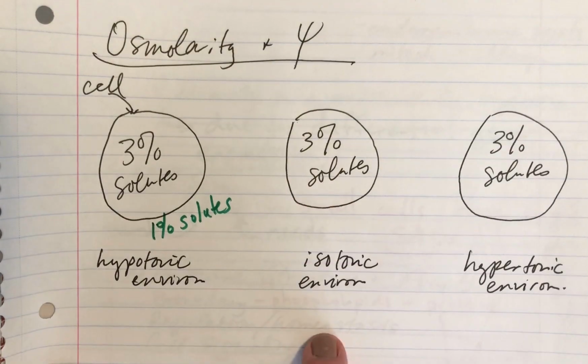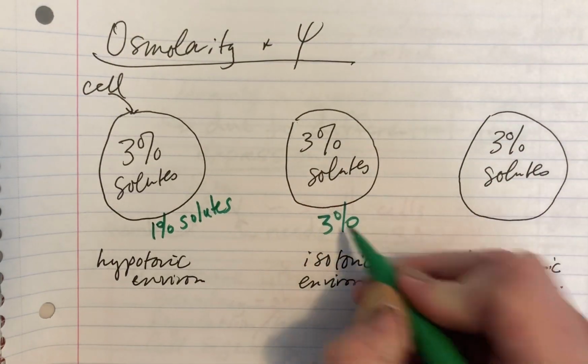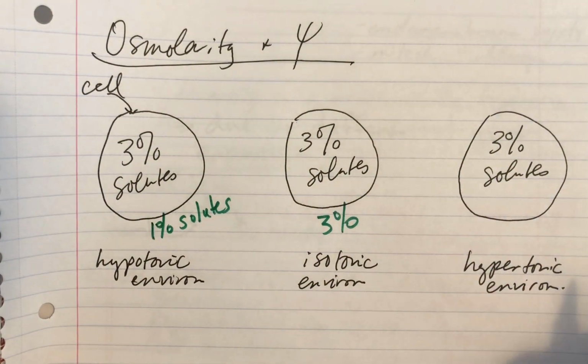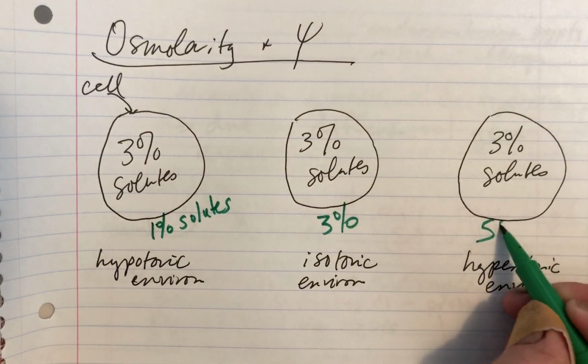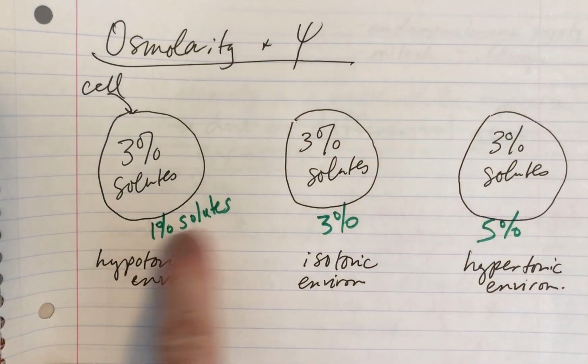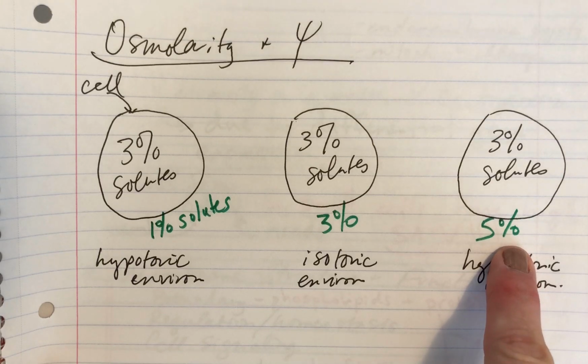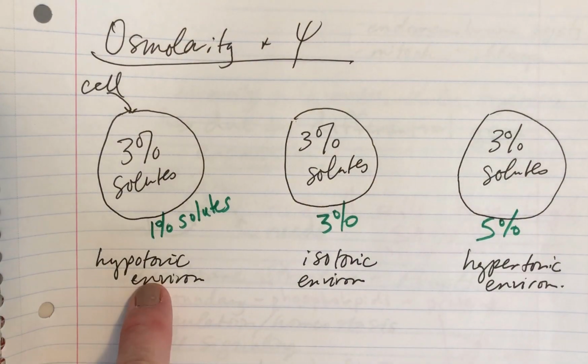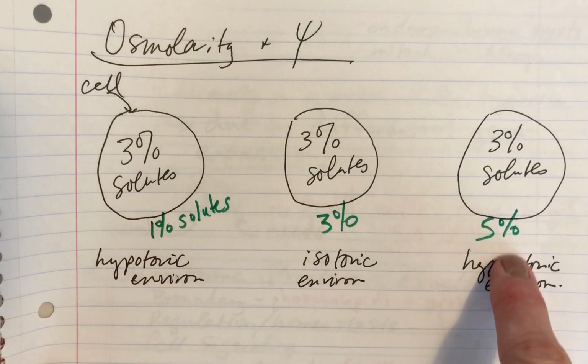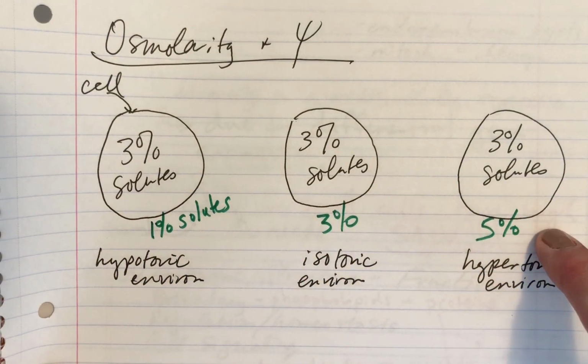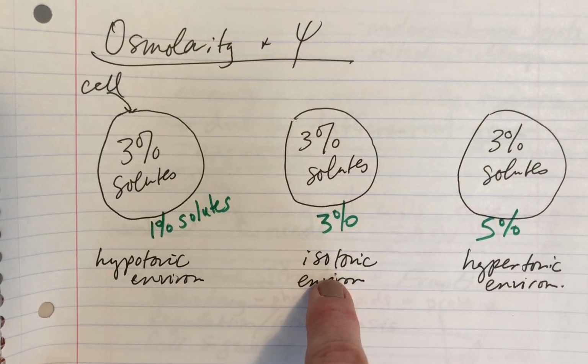I got another cell in an isotonic environment, and then I got a third cell in a hypertonic environment. These are all concentration of solutes in the environment, okay? So it's hypotonic because there's less solute, hypertonic because there's more solute in the environment, isotonic because it's the same.